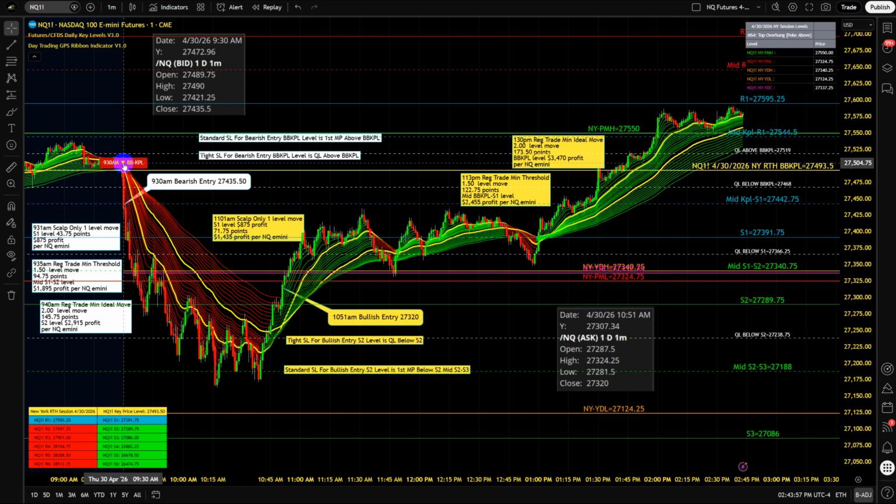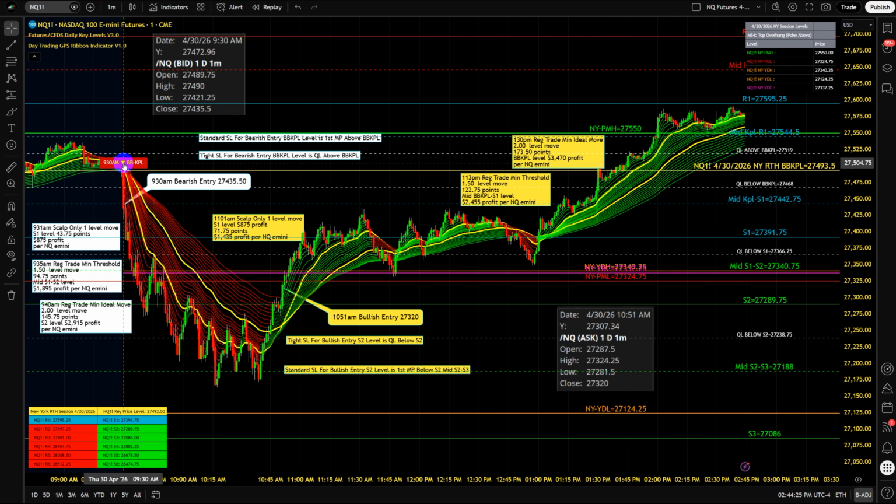On a bullish trade, it's going to be the opposite. On a bullish trade, on a close above a key level, then what you're looking for with confirmation with the ribbon is you're looking for the ribbon to be all green. And ideally, you would like for the top part of the ribbon to be starting to pull away from the base of the ribbon. But at very minimum, the ribbon has to be all green.